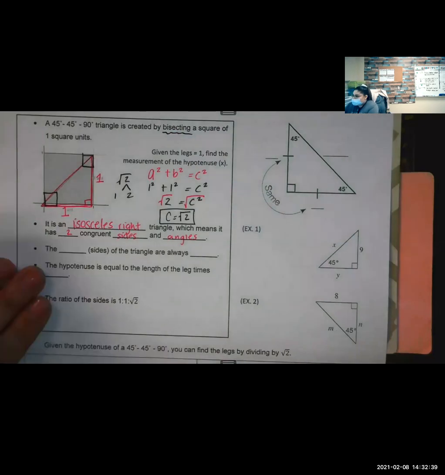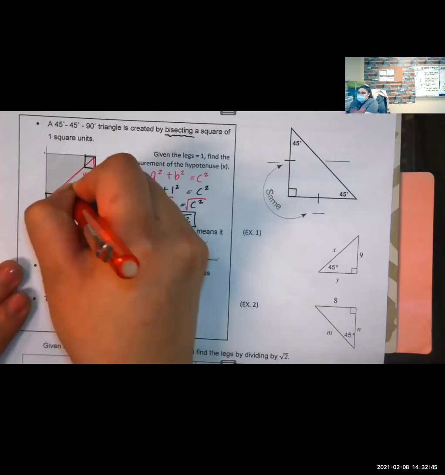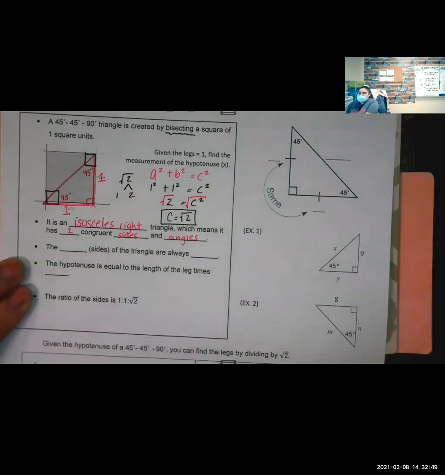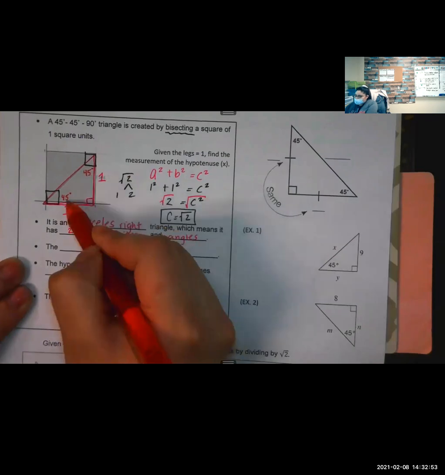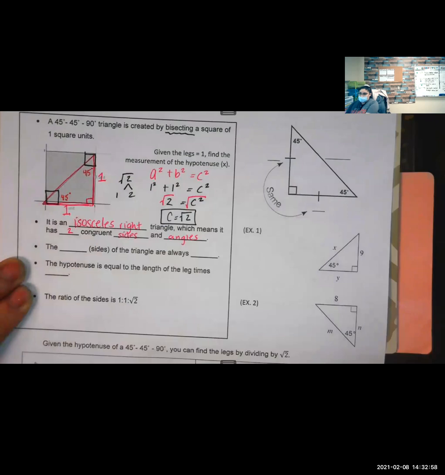If I divide it in half, what's half of 90? John P. says 45. So again, this also goes to prove why this is isosceles. Isosceles means that 2 angles are the same and 2 sides are the same.